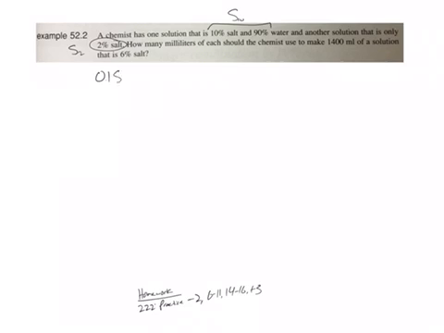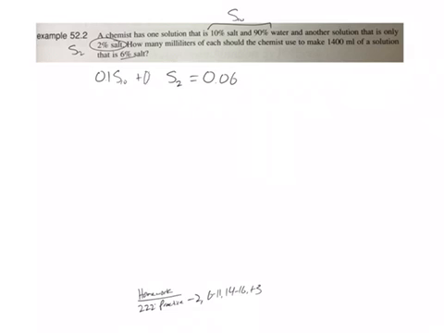So I'm going to say 0.1 S sub 10 plus 0.1 S sub 2 is equal to, I want 6%, so it's going to be 0.06, and actually it's only 2% salt. I'm not sure why I put that 10 right there.